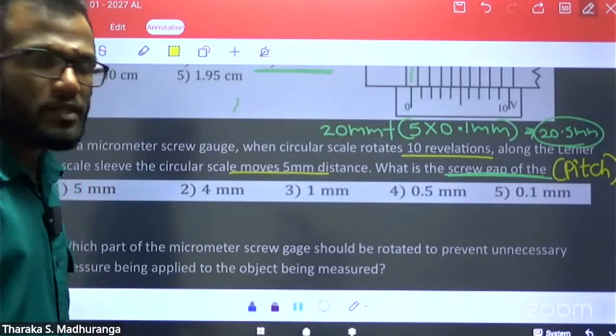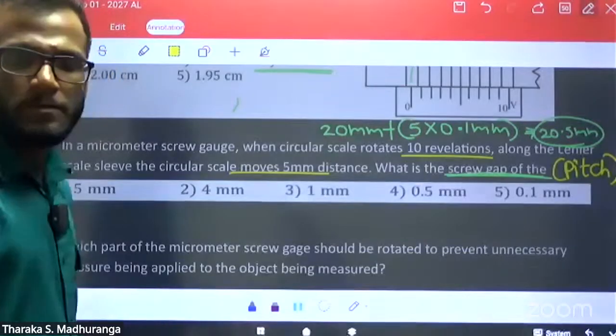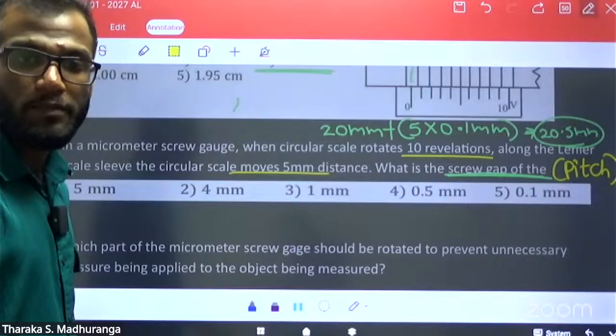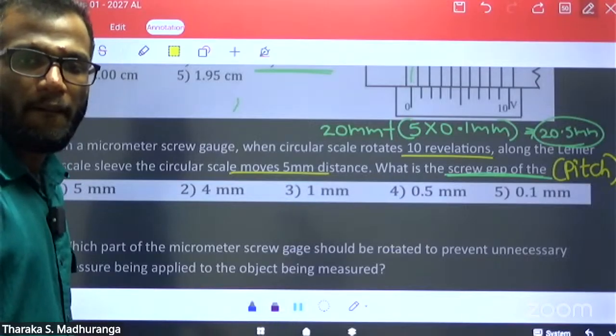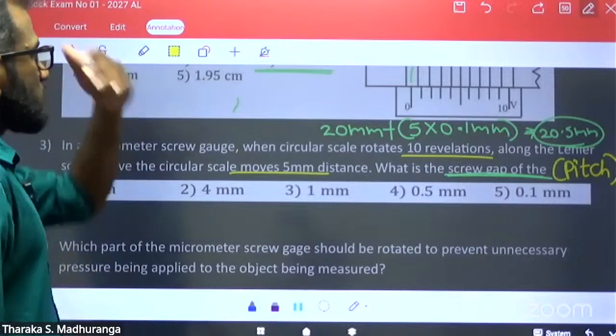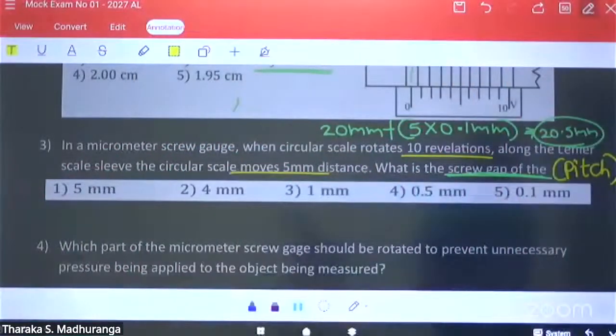2 millimeter? How did you get 2 millimeter?